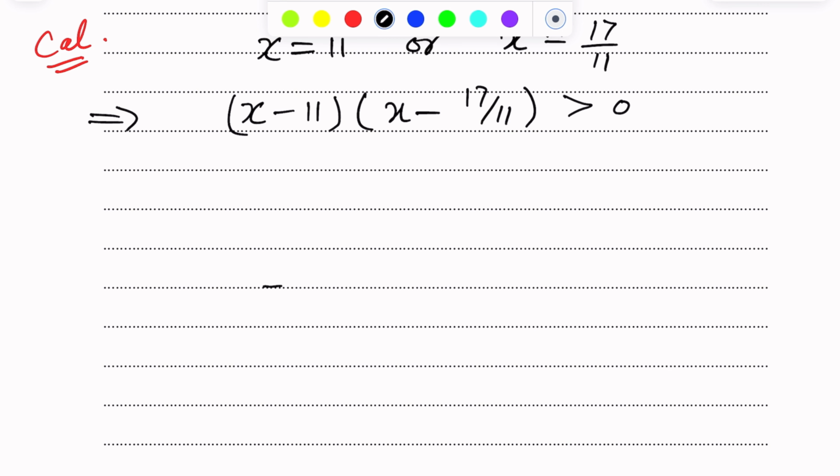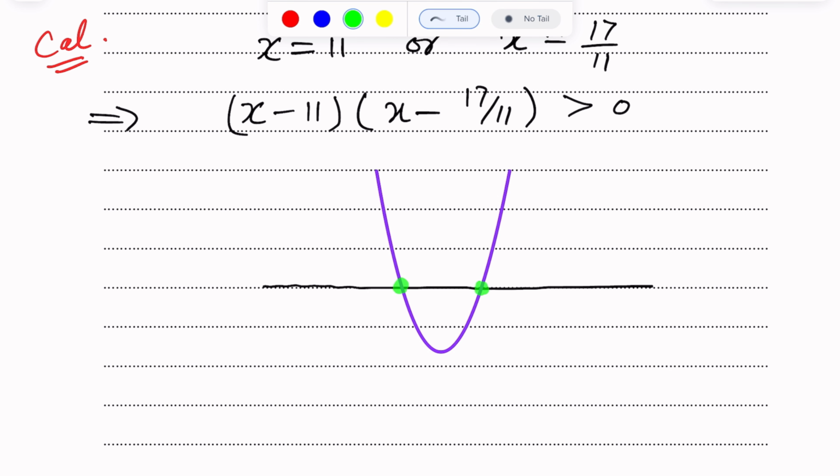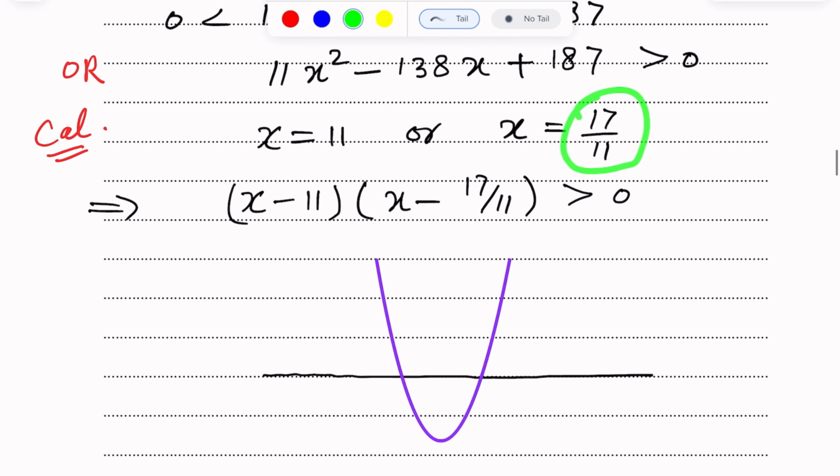Suppose this is the x-axis, and the graph of the quadratic is of parabolic form, with the intersection of the x-axis and the curve at two points, these are two solutions. The smaller value, that is 17 over 11, is on the left hand side, and on the right hand side the greater value.